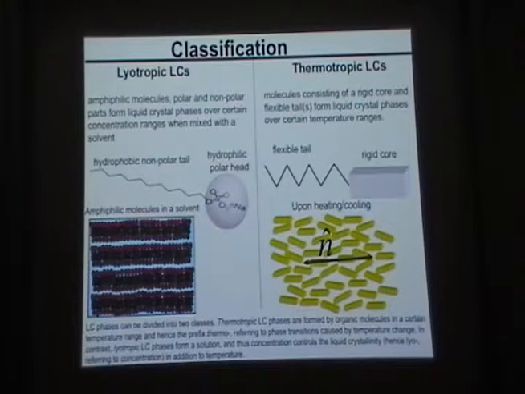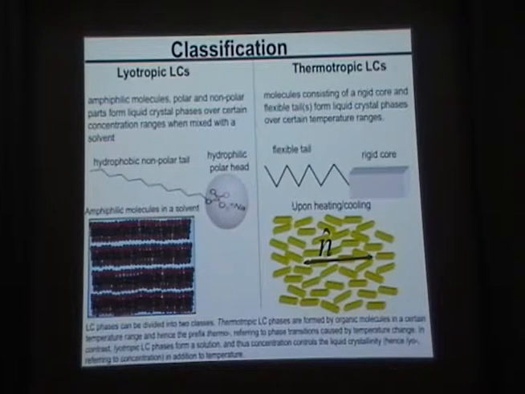Well, there are so many liquid crystal phases that we want to subdivide them into different groups. Two different classes of liquid crystals that we often distinguish are the so-called lyotropic liquid crystals and thermotropic liquid crystals.